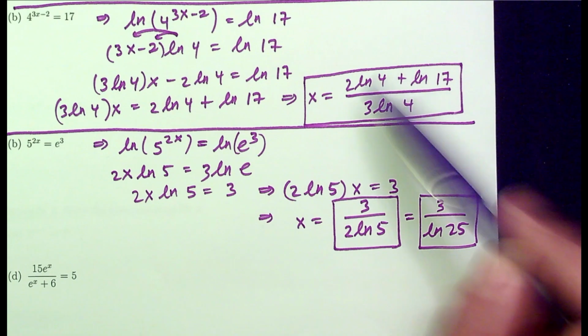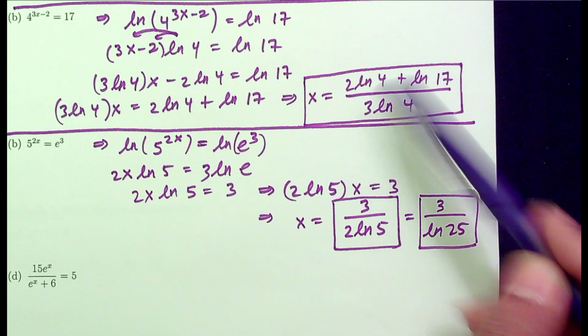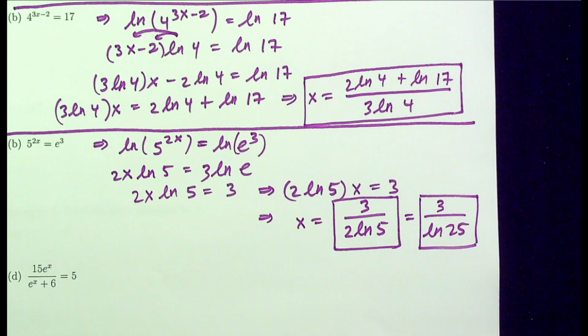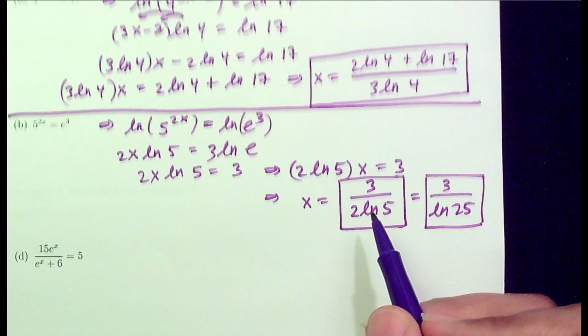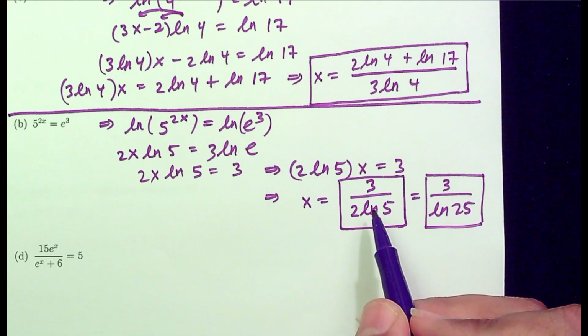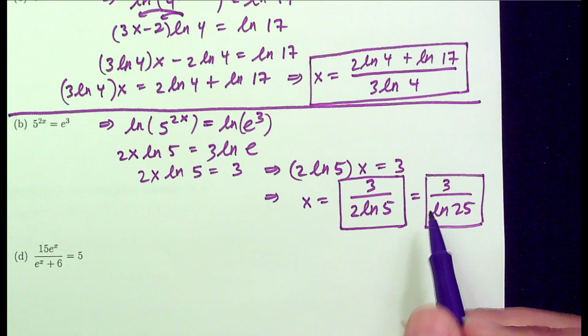So there's many ways in which you could rewrite this or simplify it or offer the answer in a different looking way. But either way, both are acceptable. There's no reason why I would prefer this over the other one.